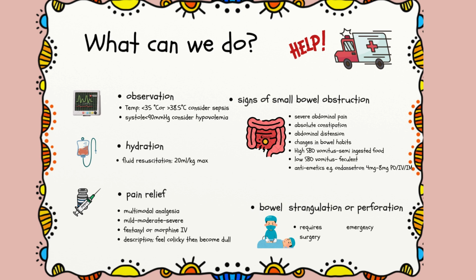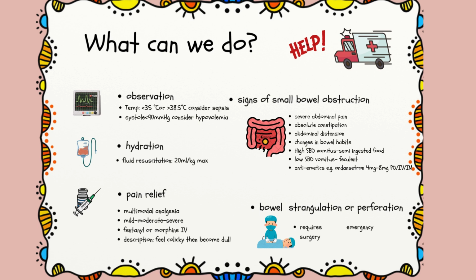It is crucial to collect a comprehensive physical examination, medical history, and various investigations, especially in cases of acute abdominal emergencies. We must recognize the signs of obstruction to ensure that patients receive definitive care.